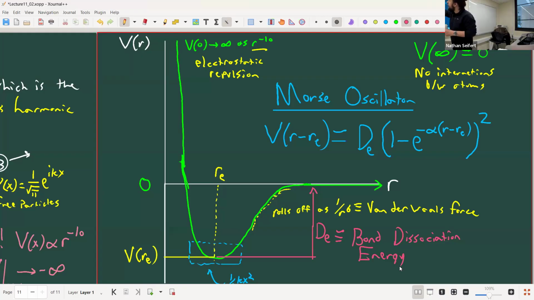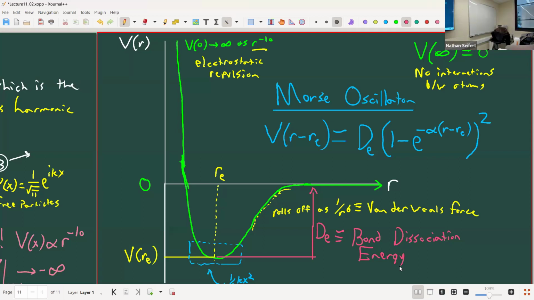What that means is that this value is spectroscopically determinable. We can do spectroscopy on the vibrations of this molecule with an infrared spectrometer. And by measuring this anharmonicity, which I'll show you how to do, we can measure D sub e. So from spectroscopy, we can connect our vibrational energy levels directly to bond strengths.